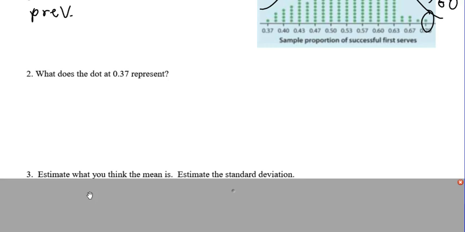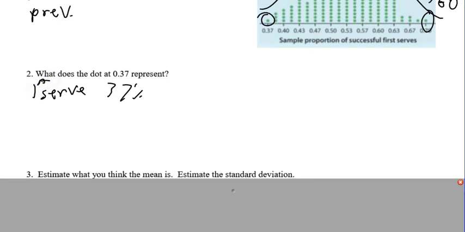Now, what does 0.37 represent? Well, that's one serve of 37% first serves in. I meant first serves.